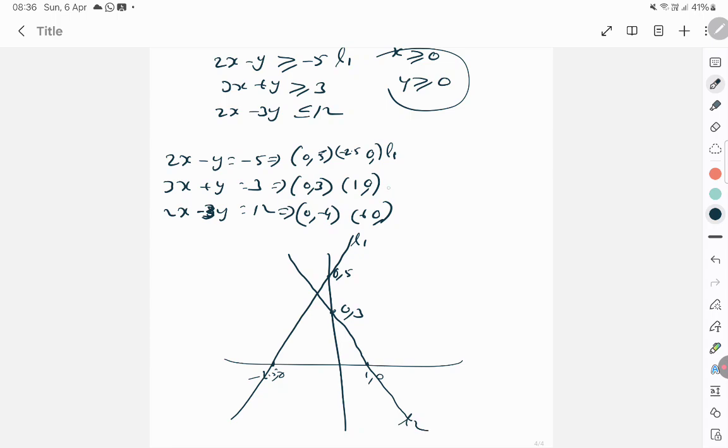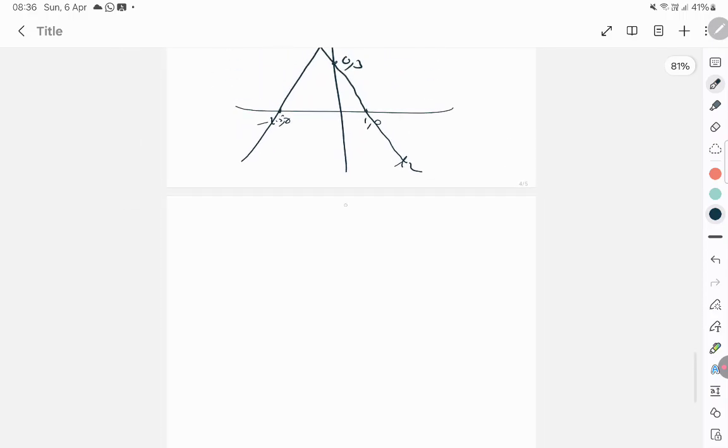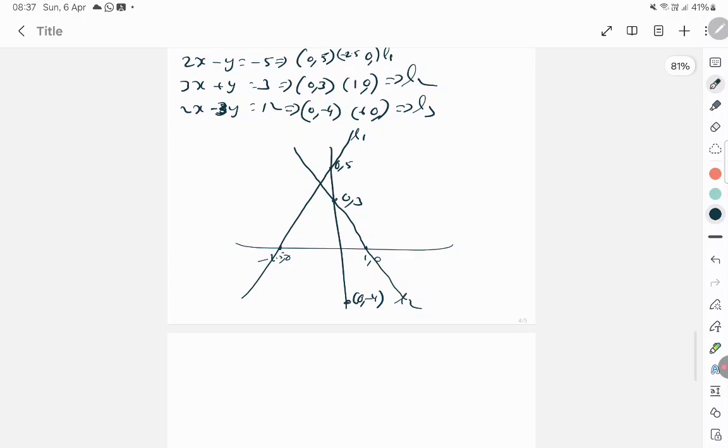This is your line 2. Line 3. 0, minus 4 on the y-axis, and 6, 0. This is your line 3.